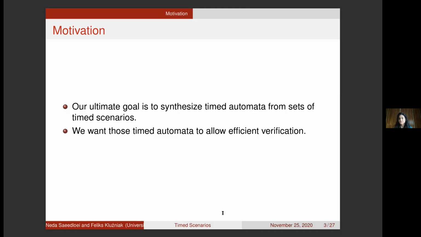Essentially, a timed automaton is a finite state machine extended with a set of real-valued variables, which are called clocks. These clocks can be reset along transitions and then read later on in order to make sure that the constraints between two events in the automaton, or two input symbols, satisfy certain properties.